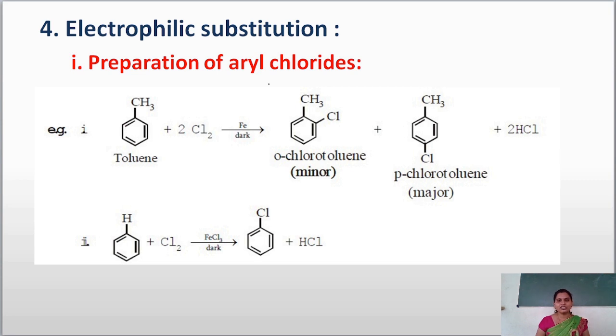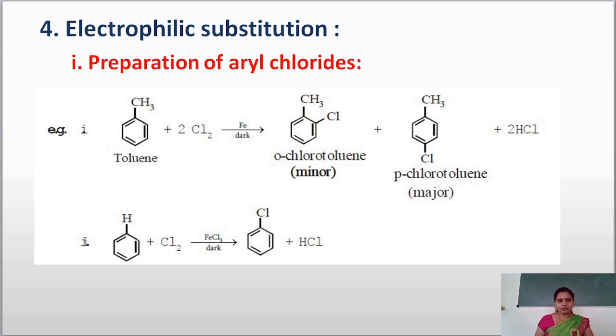So we will start with this reaction. First method is preparation of aryl chlorides. In the 11th standard, in the topic hydrocarbons, you studied this reaction, that is formation of aryl halides. Now what do you know about the mechanism of this reaction?